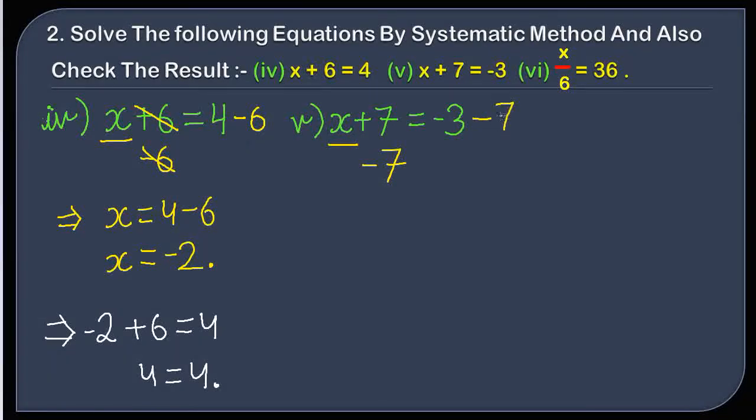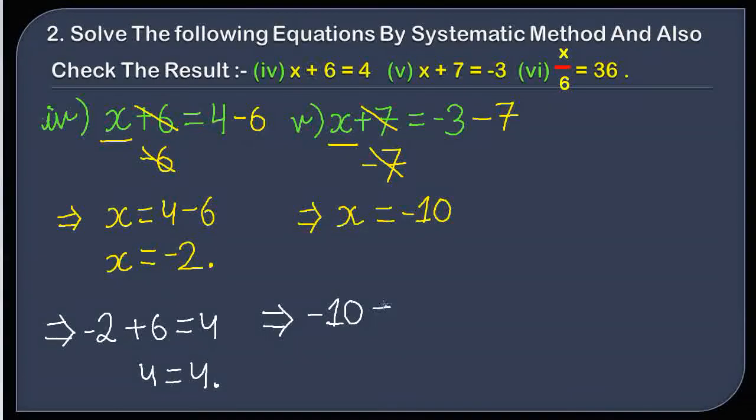Subtracting 7 from both sides, we get x is equal to minus 10, as minus 3 minus 7 is minus 10. So now we are going to substitute the value of x and confirm that our answer is correct.